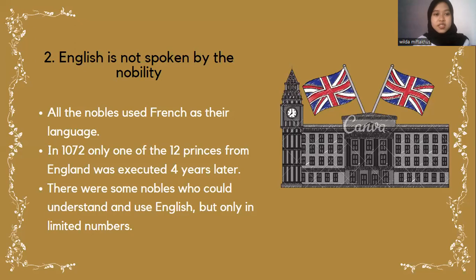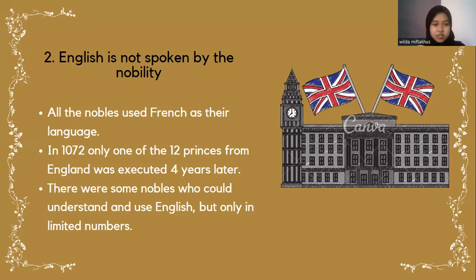The second is that English is not spoken by the nobility. It was certain that all nobles used French as their everyday communication language. We can take a look at the disappearance of English nobles.